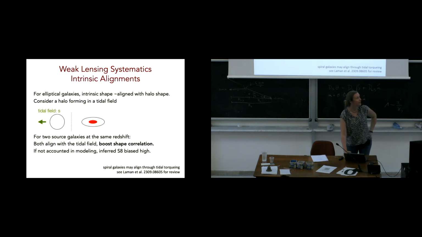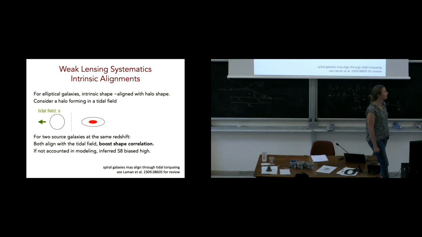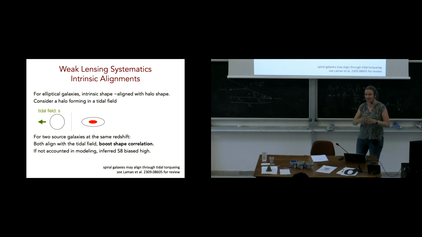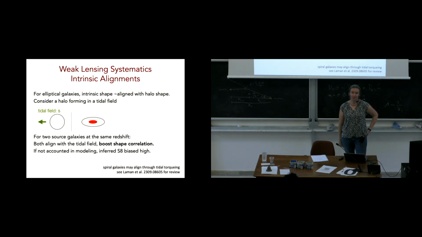Next up, intrinsic alignments, which Misha already mentioned in the previous lecture briefly at the end. Let's first look at the easy case here. That is an elliptical galaxy. And for elliptical galaxies, we know that the galaxy shape approximately follows the halo shape. So if we consider a halo forming in a tidal field, it is easy to imagine that that halo will get stretched and not be spherical.